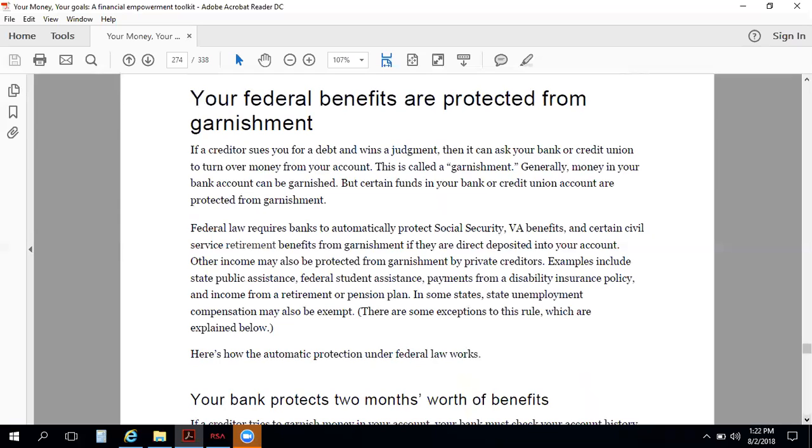So if somebody gets behind on a bill and is sued, if all they have coming in to their checking account or savings account is maybe SSI benefits, then the bank has the responsibility when they get notified of a garnishment or a request to freeze a client's account to verify what type of benefits the client has coming into that account and make sure that doesn't get frozen.